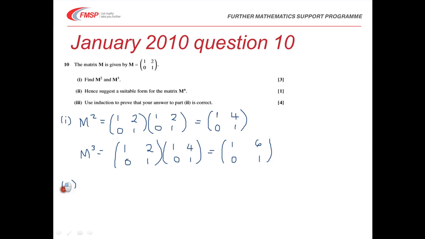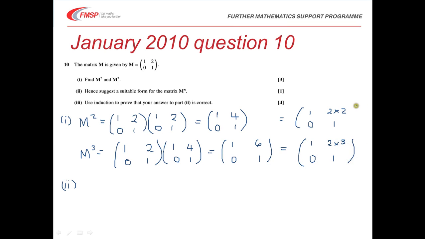We're now in part 2 asked to make a conjecture, or suggest a suitable form for M to the power of n. So I think at this stage it's just a matter of seeing here that these terms are all the same for both matrices, but this is going to be 2 times 2 and this is going to be 2 times 3.